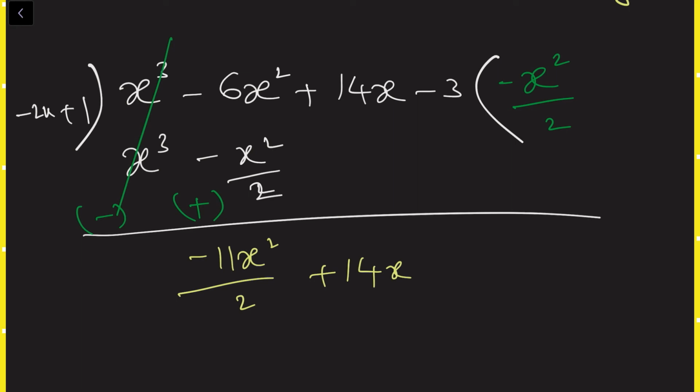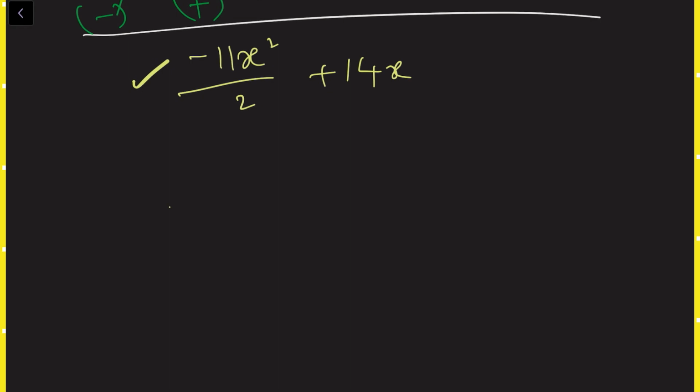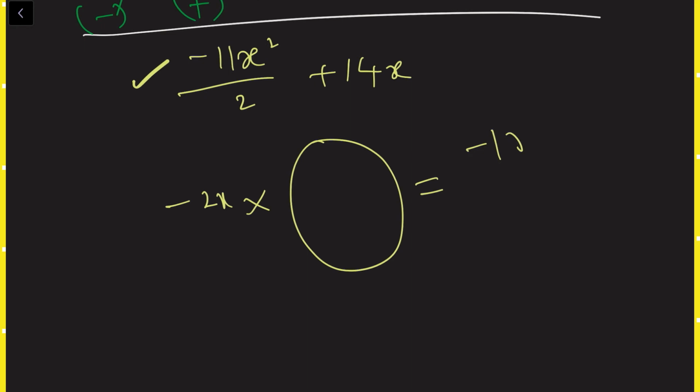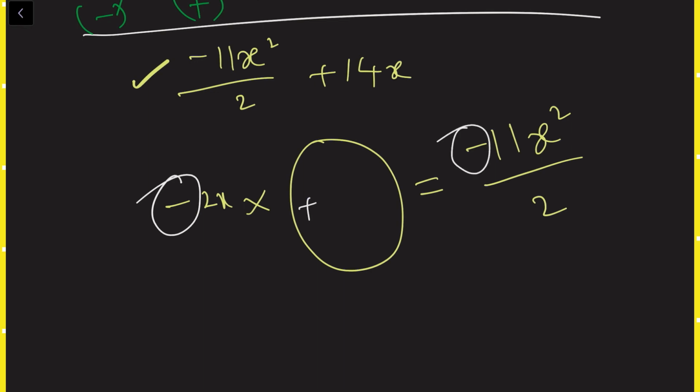Now again, first term is minus 2x, here first term is minus 11x square by 2. Minus 2x should be multiplied by which number so that our answer is minus 11x square by 2? Here minus is there, answer is also minus, so it should be plus because minus into plus is minus. Here x is there, here x square is there, so here x should be there compulsorily.